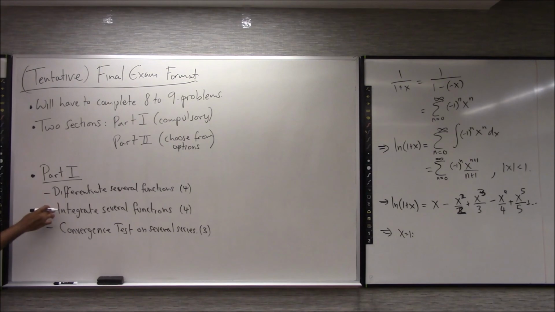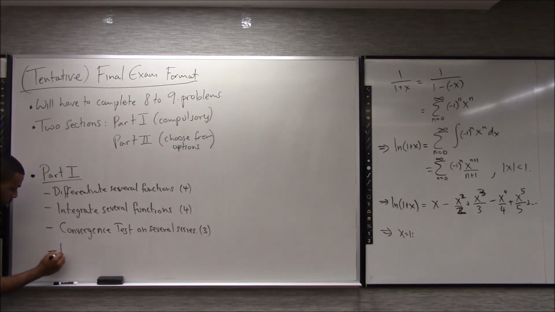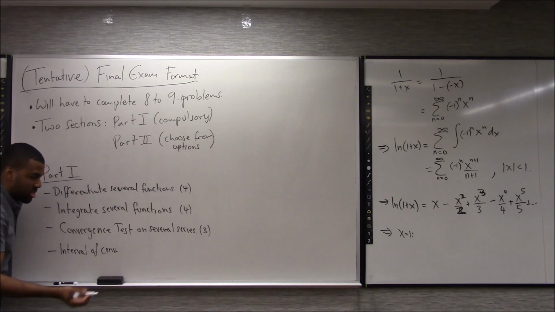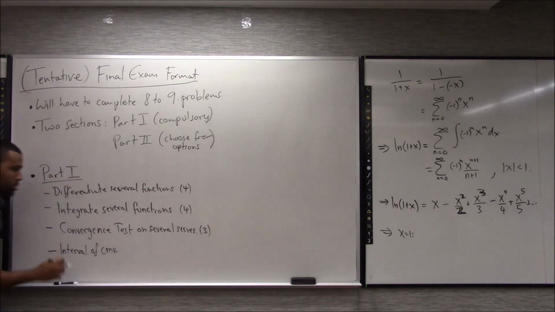Like A, B, C, D, A, B, C, D, A, B, C. And interval of convergence, so just remember that's using the ratio test and solving for the inequality, as well as being able to compute an improper integral.